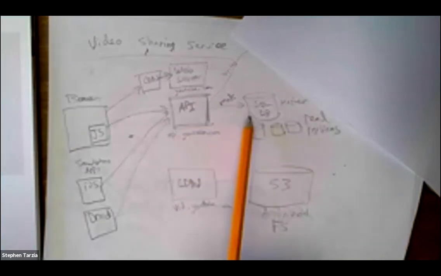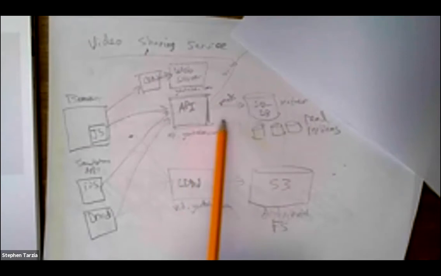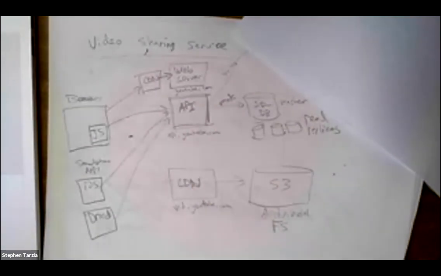I might handle searches using a simple combination of: does the text match, and how many views does this video have? So I might return the most popular video that has matching words from what you searched.